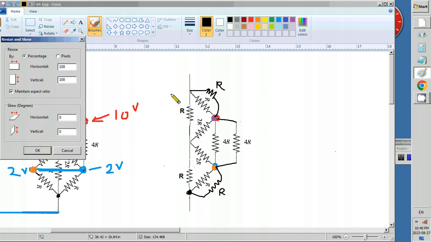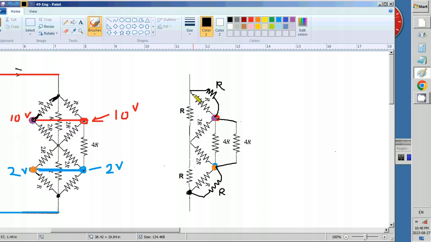R divided by 2, half R. So I delete this one, because half R. So let us write R divided by 2. Here also like that, R divided by 2 because R are parallel. Then I delete this one.